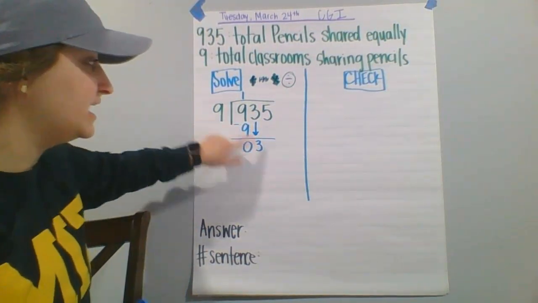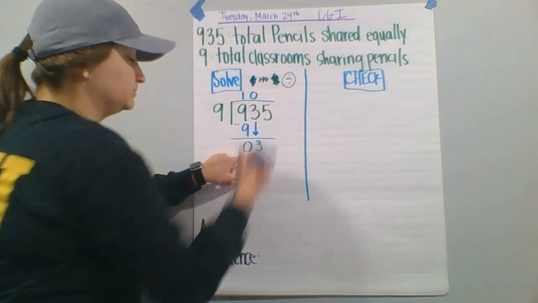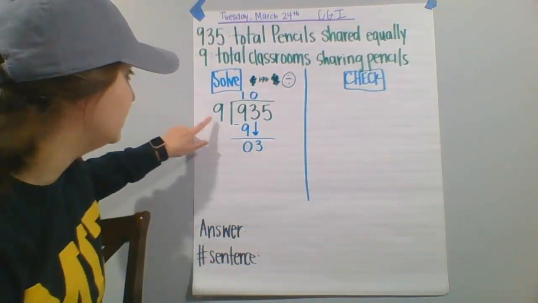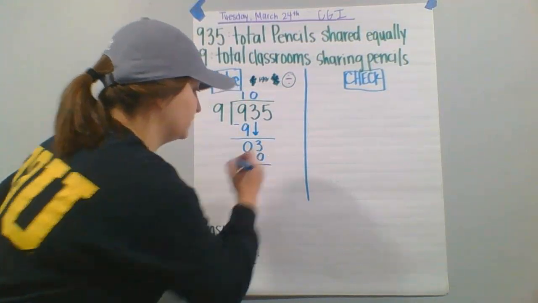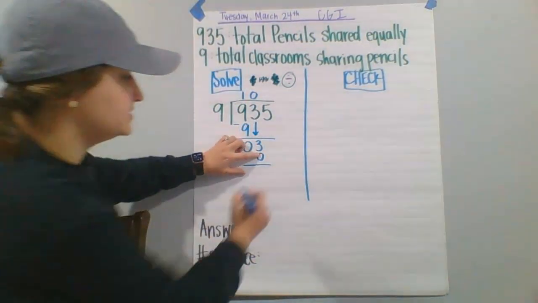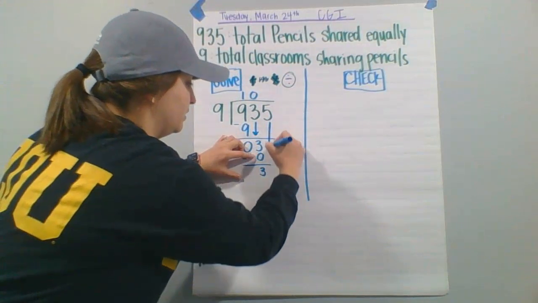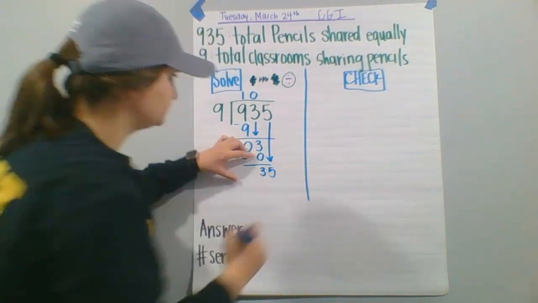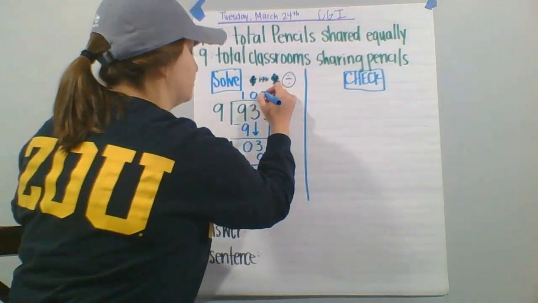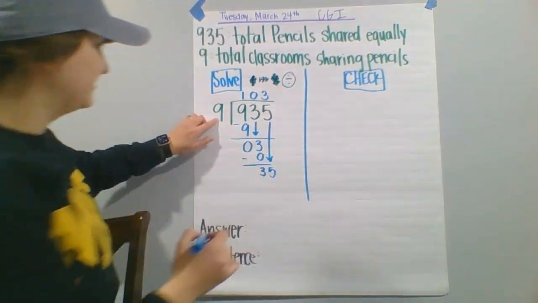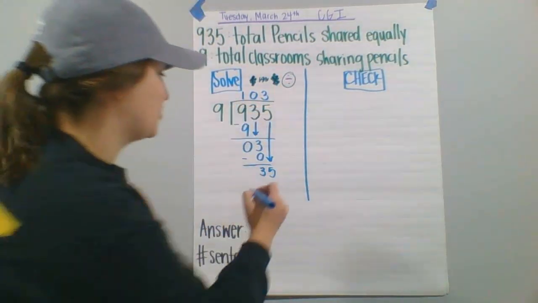That means that we say it goes in 0 times. Now we go through the step again. 9 times 0 is 0. Subtract, 3 minus 0 is 3. Bring down your 5. 9 goes into 35 3 times. 9 times 3 is 27.